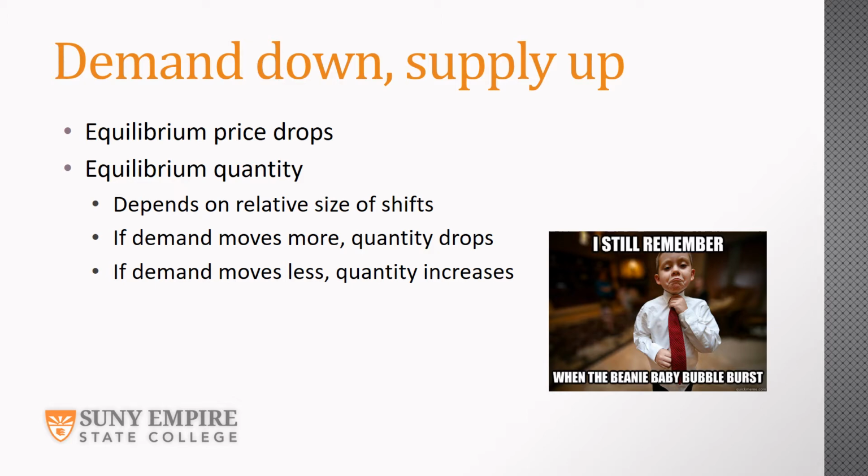If demand moves more, the equilibrium quantity decreases. If demand moves less, then the equilibrium quantity increases. Or if both supply and demand move the same amount, the equilibrium quantity stays fixed.